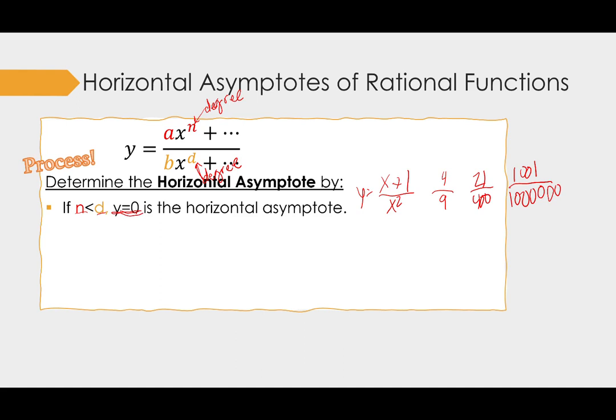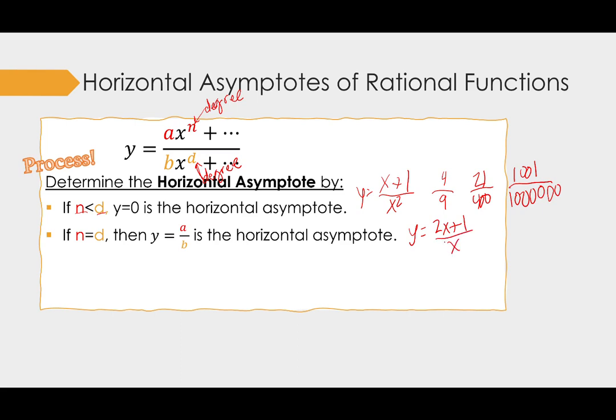to being 0. All right, what if they're the same? Same degree, you're going to take those leading coefficients and you're going to make a fraction out of them, just like 5 over 1 in the last slide. That's always the horizontal asymptote. As an example in this one, imagine that they are growing at the same rate. So maybe we have 2x plus 1 over just 1x. If I plug some numbers in, like 3 again, I'd have 7 over 3.